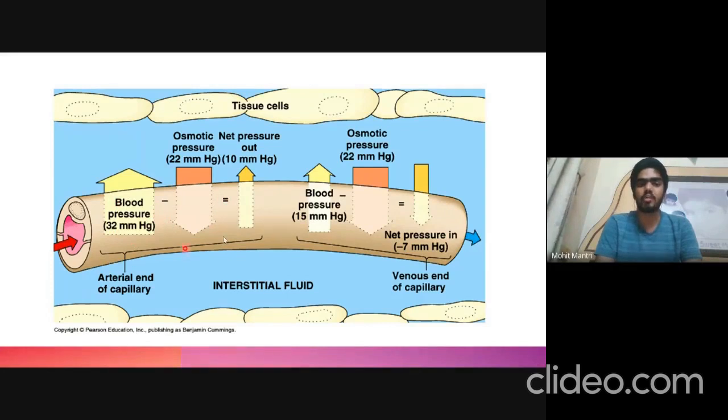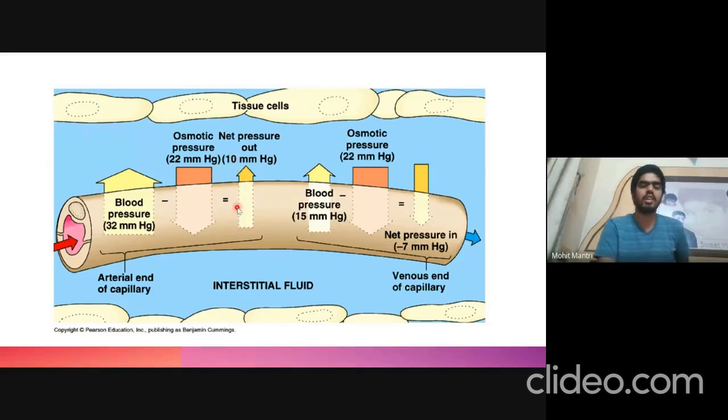Because of the high osmotic pressure inside the capillaries, the fluid will now move from the interstitial region back inside the capillaries. So by the venous end, most of the blood will move outside, but some amount of fluid, because of osmotic pressure, will still come back inside the capillary, and the net pressure of 10 mmHg will cause the movement of fluid outward.